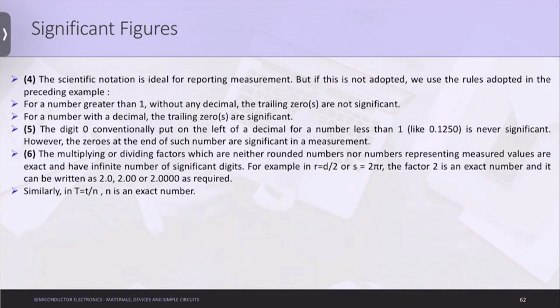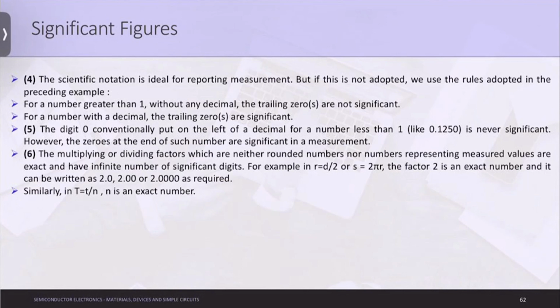Now let's move to the fourth example. The fourth example states that the scientific notation is ideal for reporting measurement. But if this is not adopted, we use the rules adopted in the preceding examples. Again, some rules have only been explained here. Let us look over the rules. For a number greater than 1, without any decimal, the trailing zeros are not significant.